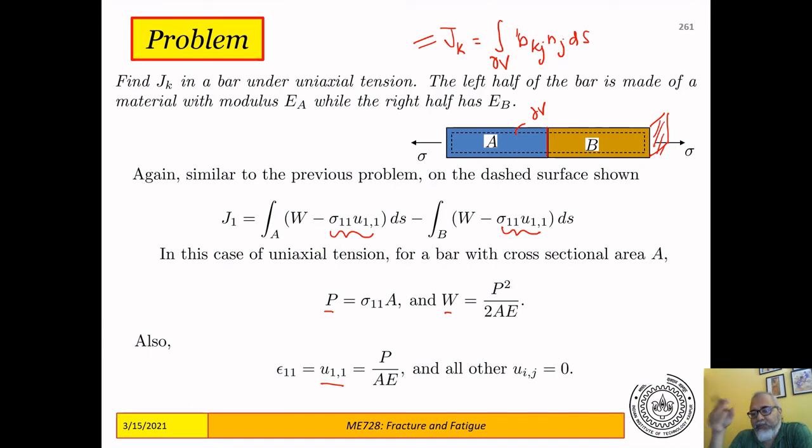If you have defects that cause discontinuities, then this can pick it up, provided the discontinuity lies within the delta V. If the discontinuity lies within delta V, this will return a non-zero value. Otherwise, it will return a zero value. So this is a very clever integral that is sensitive to discontinuities which cause discontinuities in displacement. So this will also be sensitive to the existence of a crack tip. And in the next part, we will show how this can be rigorously proved.